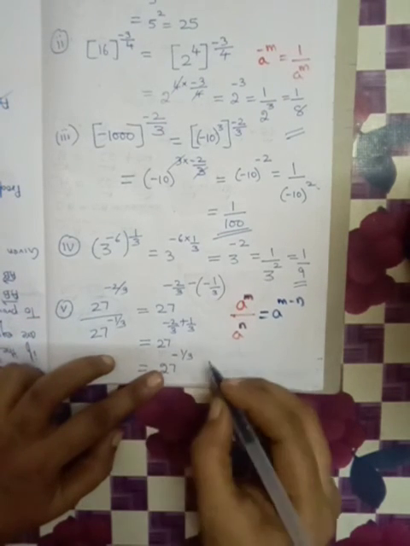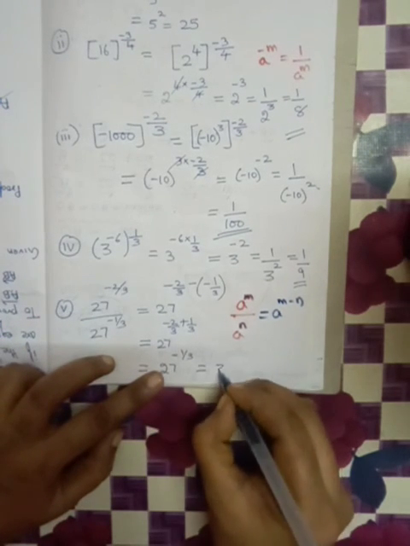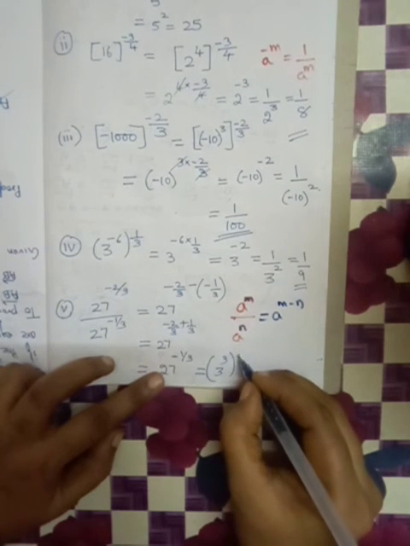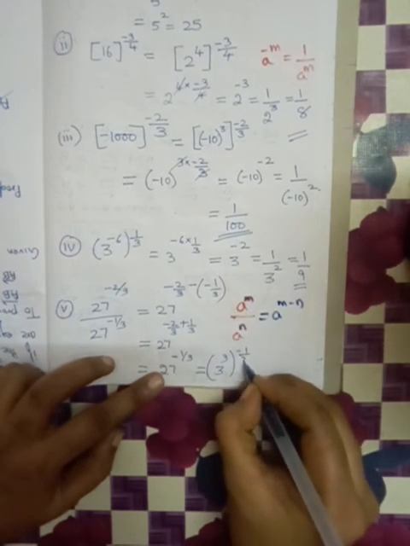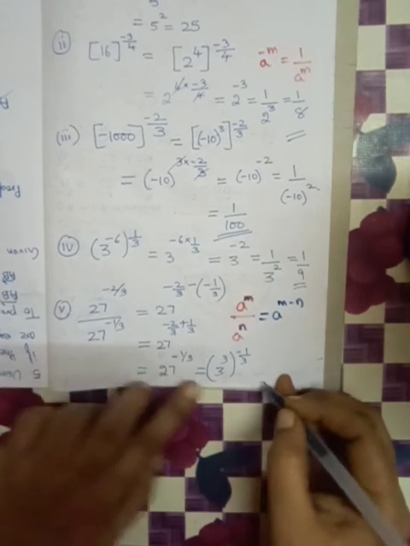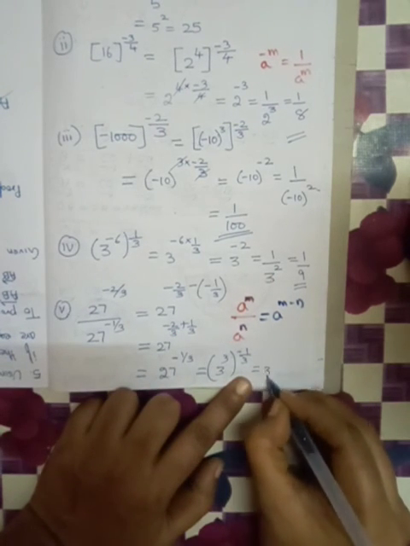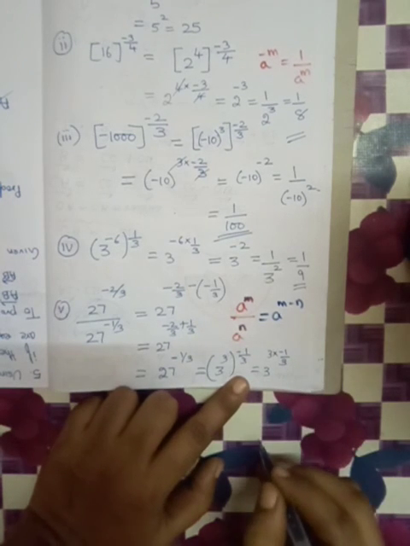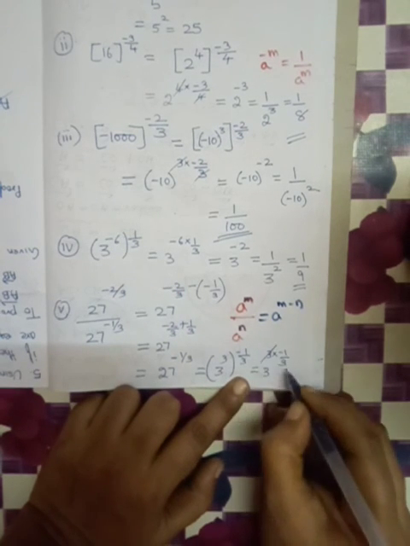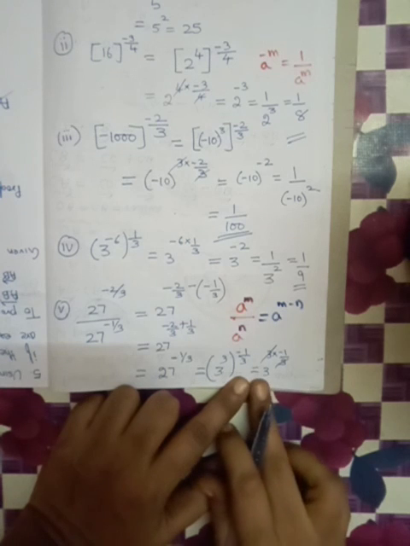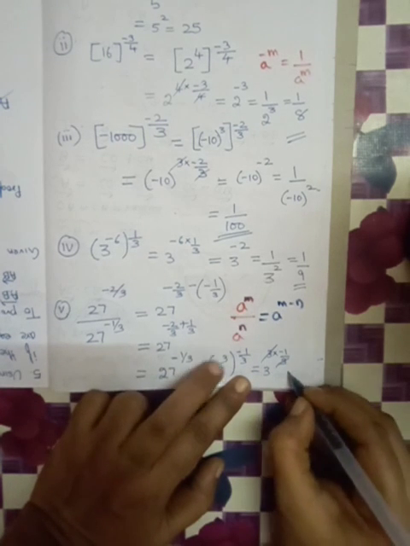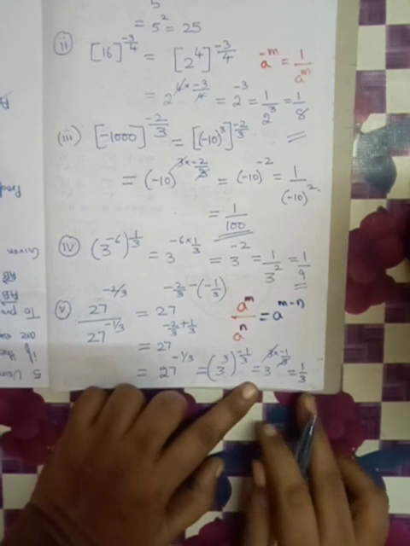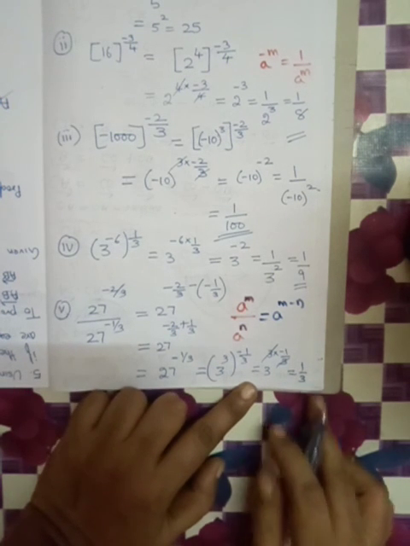Now this 27 I can write it as 3 to the power 3. So 3 to the power 3, outside I have minus 1 by 3. Now let me multiply this. So 3 to the power 3 into minus 1 by 3. You can see this 3 and this 3 get cancelled. 3 to the power minus 1, I can write it as 1 by 3. So the answer for the last subdivision is 1 by 3.